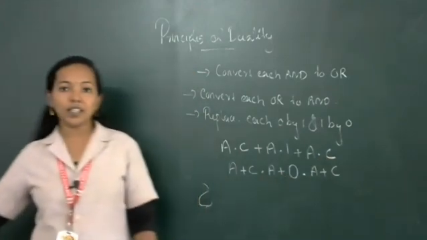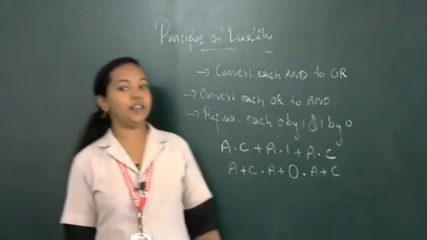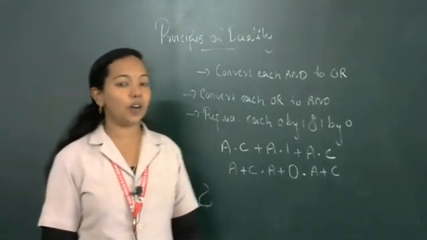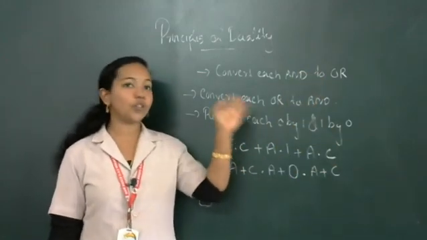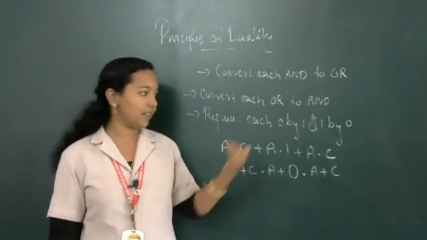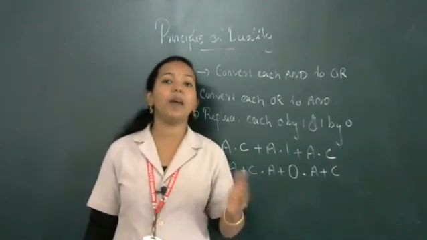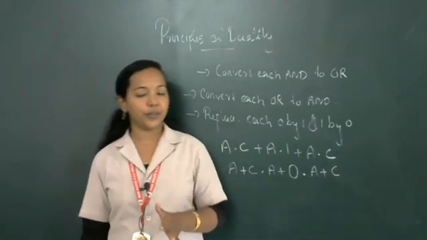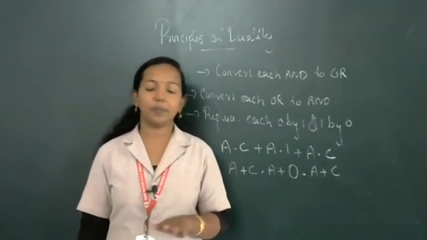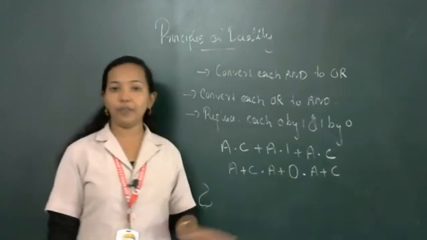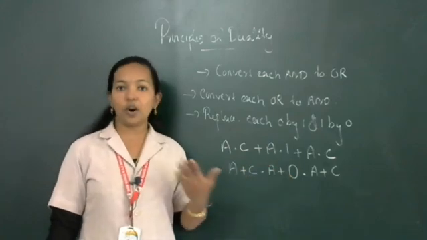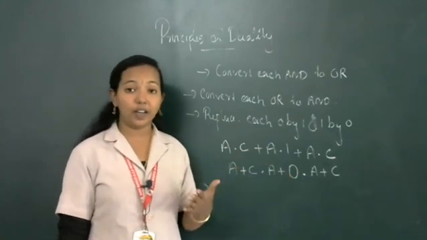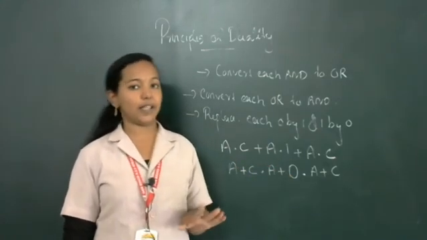Okay, so this is the principle of duality. What does principles of duality mean? Convert each AND to OR, each OR operator to AND operator, then replace 0 by 1 and 1 by 0. I already explained this: x dot y plus z, its dual is x plus y dot z.